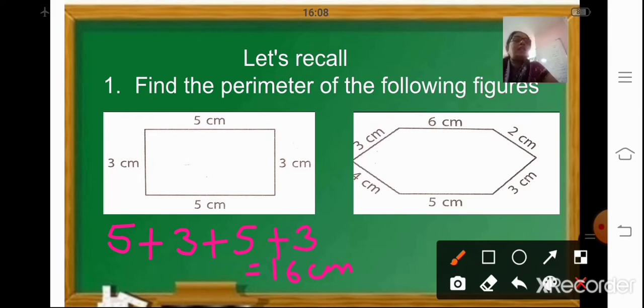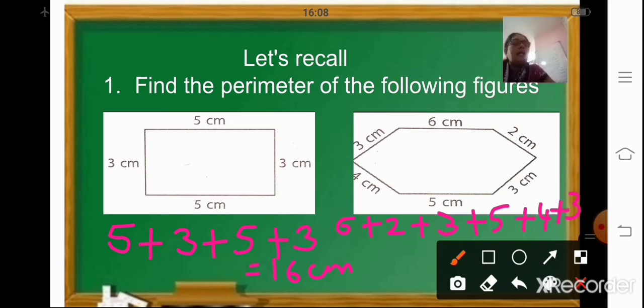Okay. Now same way here in this figure, when we add all the sides, that will be 6 plus 2 plus 3 plus 5 plus 4 and plus 3.